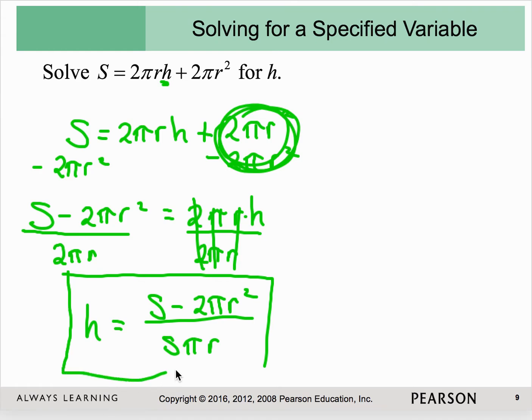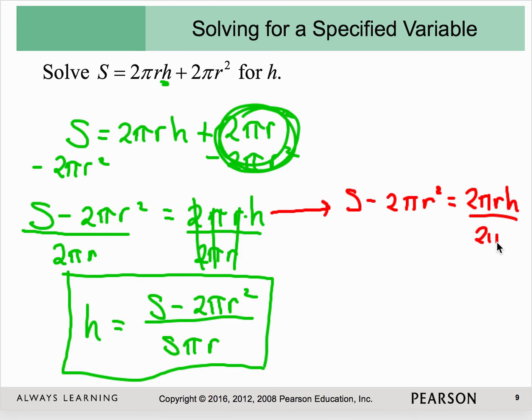Now I'm going to mention one aside here. From this point right here, sometimes some people might say, okay, well, I know I need to divide everything by this. And so we could, as long as we did everything, do it individually.